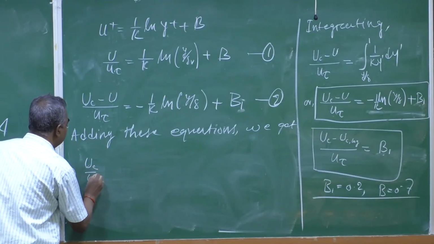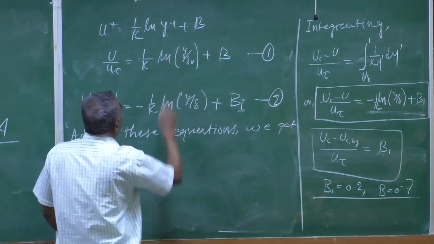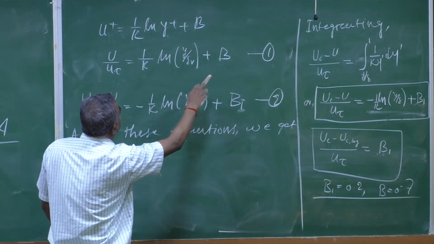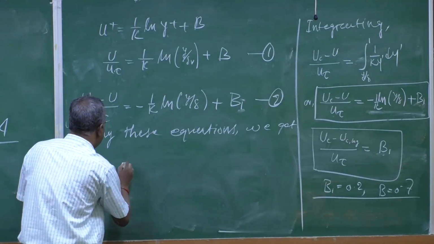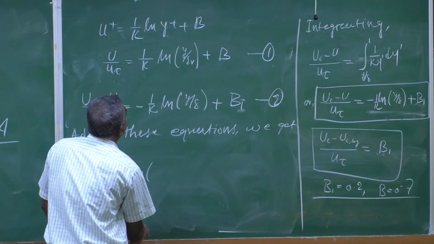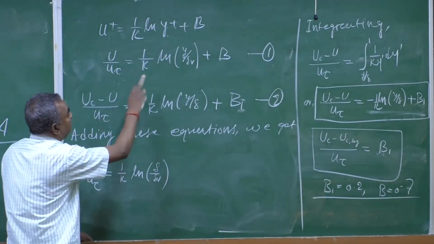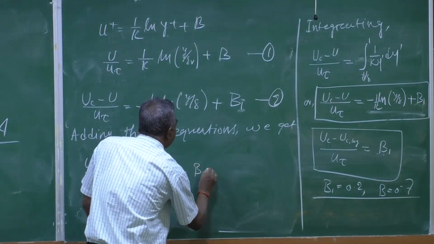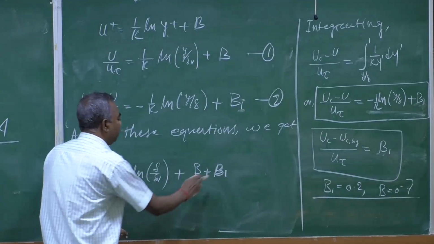So, we will get u c by u tau equals 1 by kappa ln delta by delta v, and it is becoming independent of y, that is the important point to note. Plus b plus b 1.